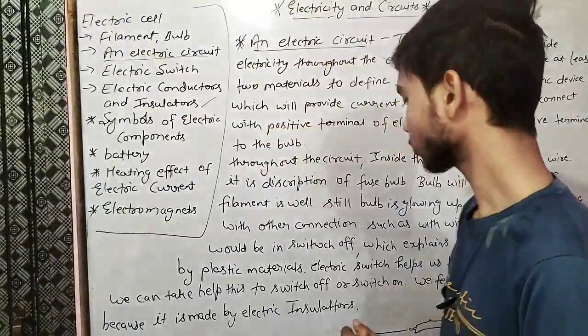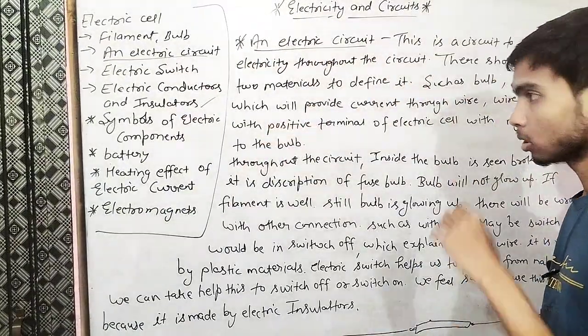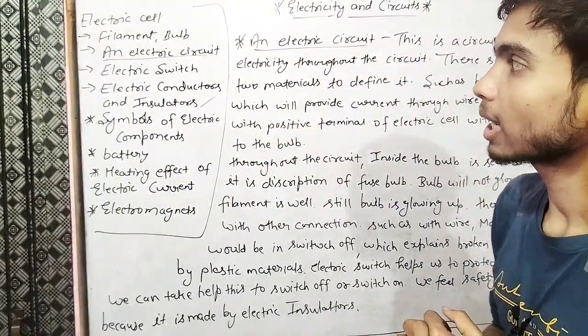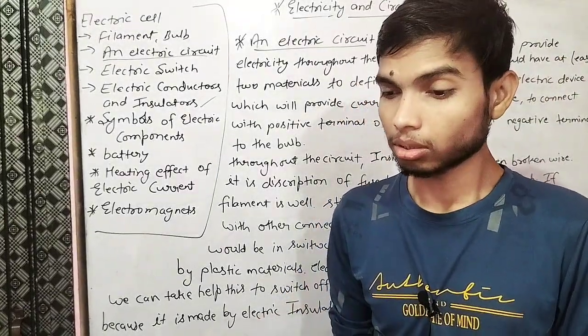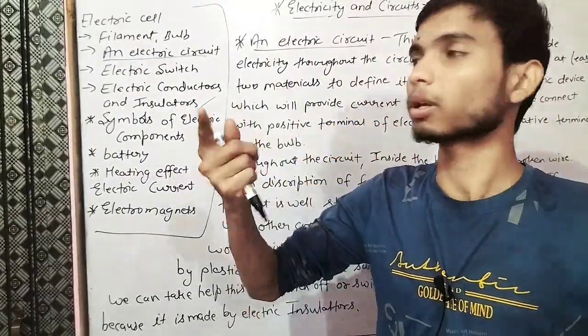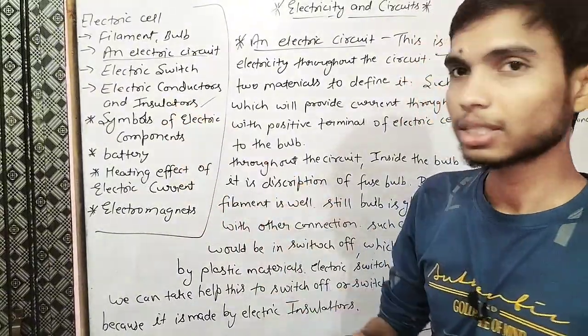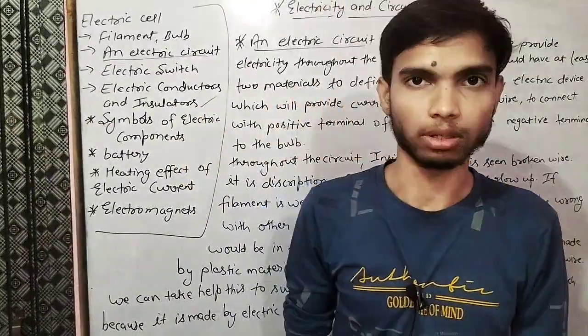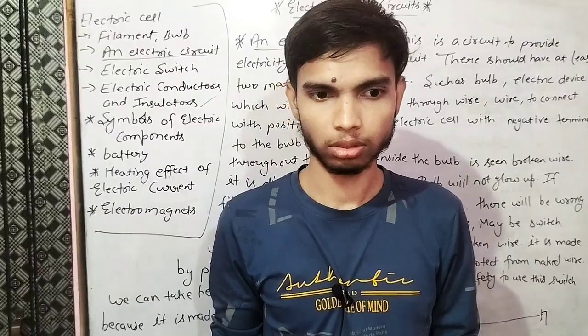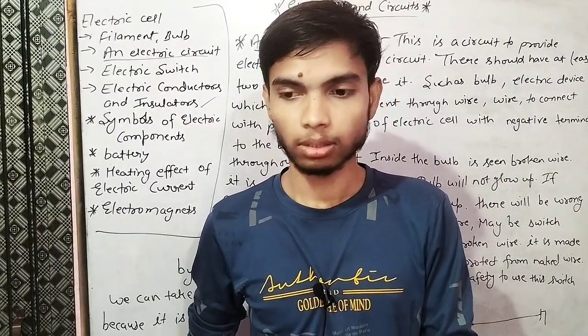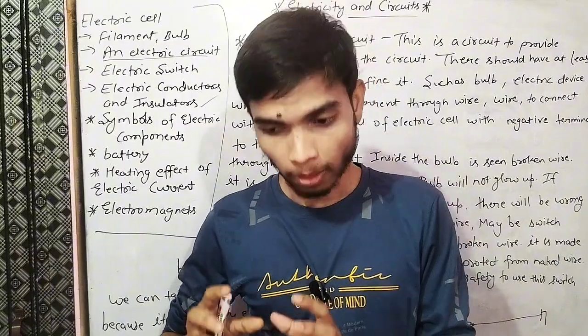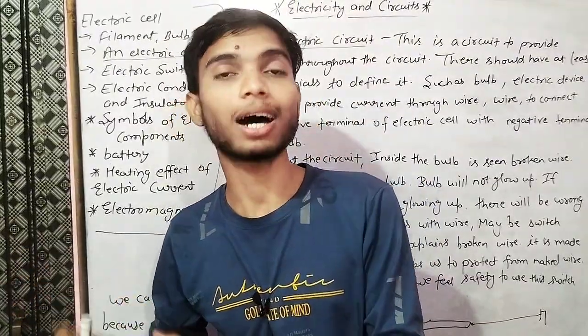Here we can say electric conductors are compulsory for electricity, for current. But also electric insulators are compulsory.